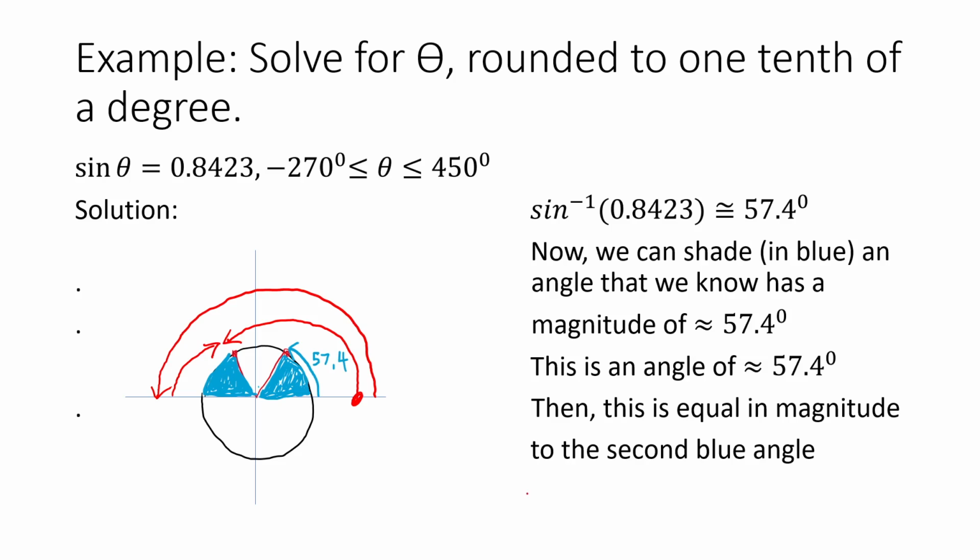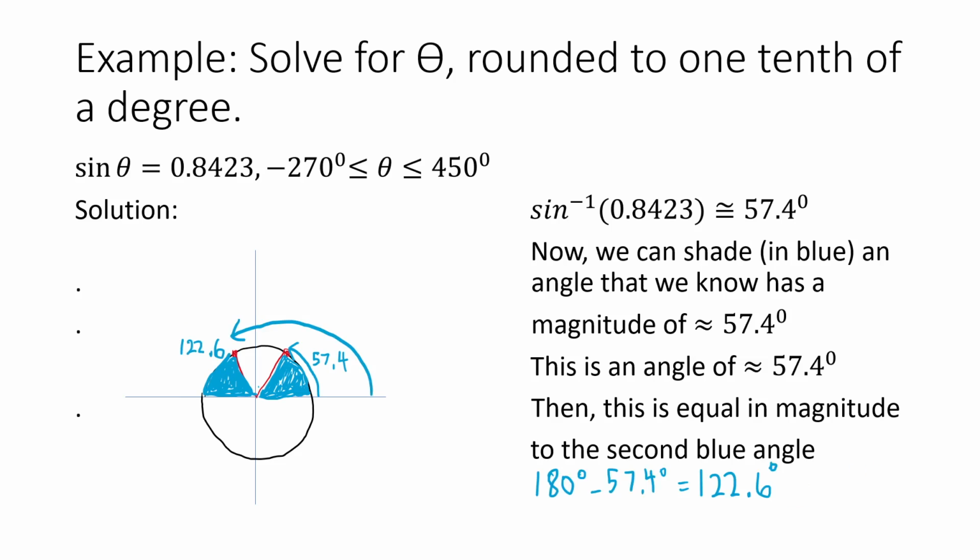So that's like saying we went a positive 180 and then a negative 57.4 to get us to 122.6, I believe. And that's what happens. Okay? And so we've got an answer at the second terminal arm as well.